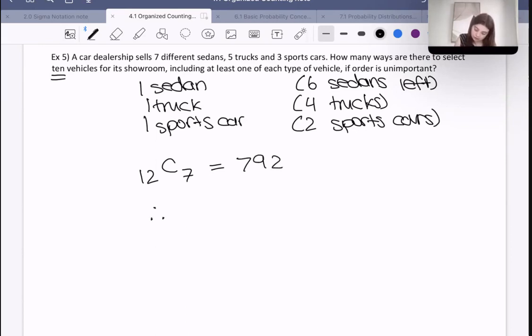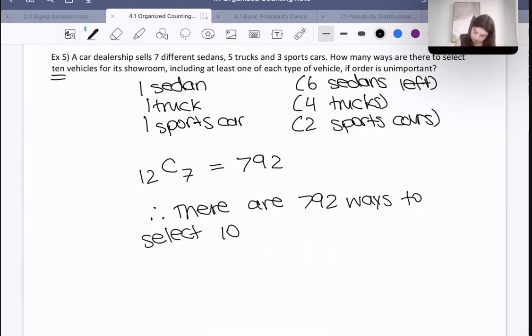And so therefore, there are 792 ways to select 10 vehicles for the showroom given these conditions.